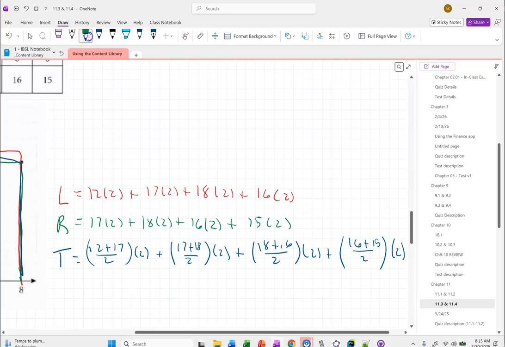Right, so depending on what the instructions ask for, you could do this problem several different ways, using left-hand rectangles or right-hand rectangles or trapezoids. So you just have to pay attention to the directions.